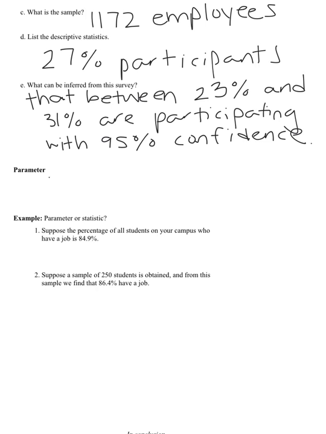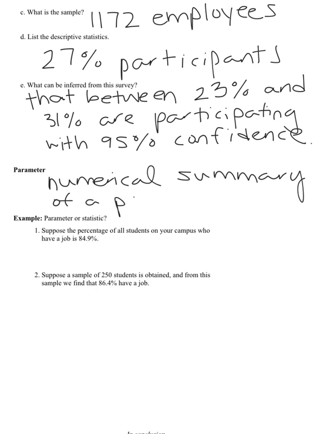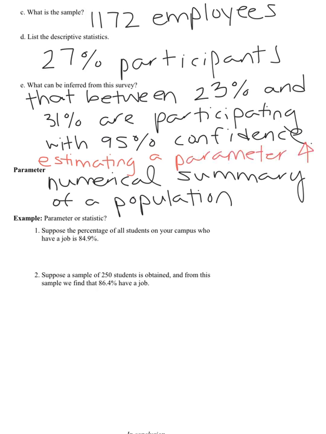A parameter is a numerical summary of a population. So that last part, Part E, we were estimating a parameter. So that's what inferential statistics do. It estimates parameters.